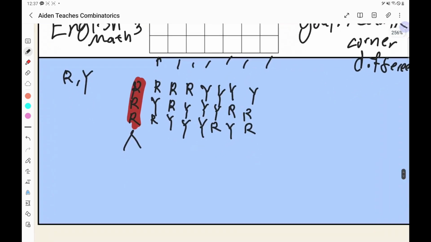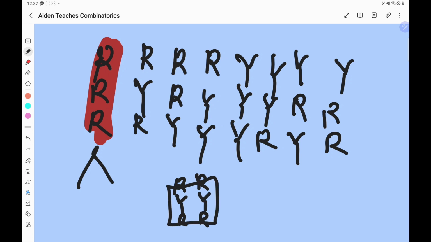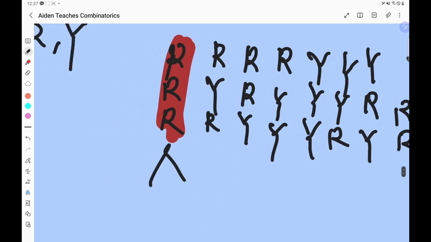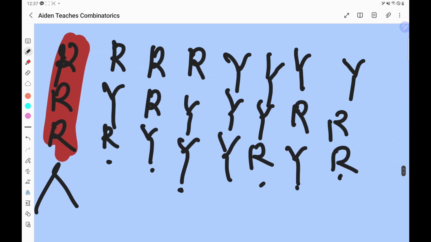But we know that if the same 2 goes in, we have the same 2. So red, yellow, red, red, yellow, red, red, red, red becomes a rectangle. So we're picking these 6. But as I said, if we have more than 2 reds, we're done. So this is also impossible, same for yellow, yellow, yellow.